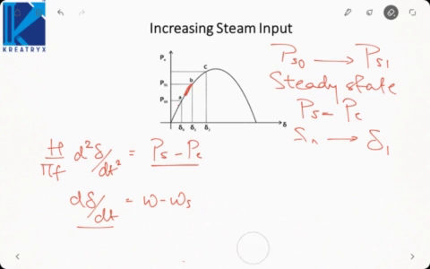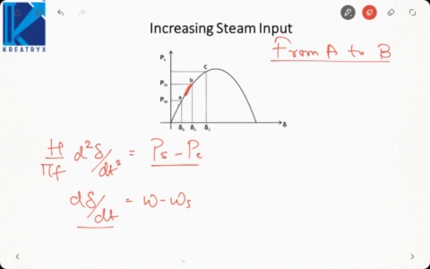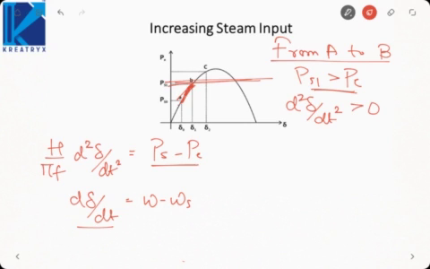When we are moving from A to B, in the region A to B, this is my electrical output, but the mechanical input is this. So mechanical input is always greater than electrical output. PS1 is greater than P. So d square delta by dt square is always greater than 0.